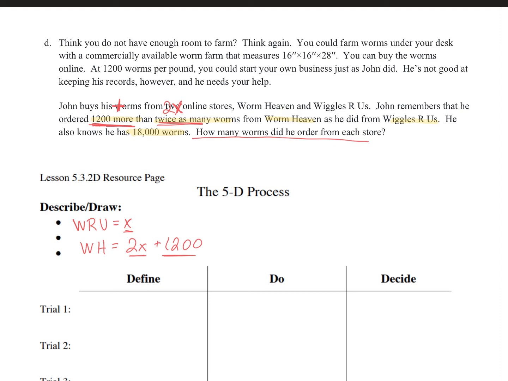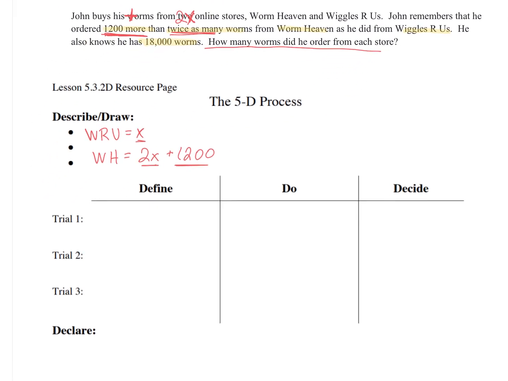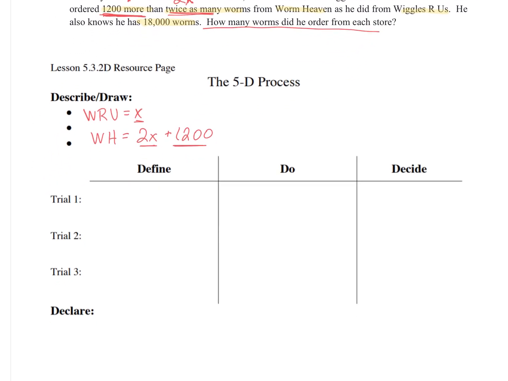Let's start to fill in this chart below. We are starting with Wiggles R Us, and we're going to use that information to give us Worm Heaven. So let's start with 5,000. We're just guessing 5,000 here.